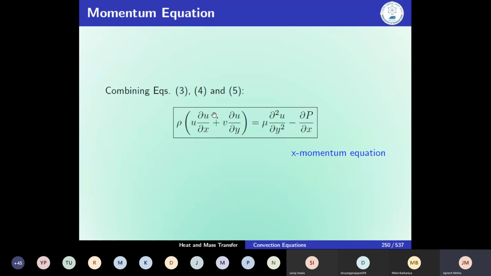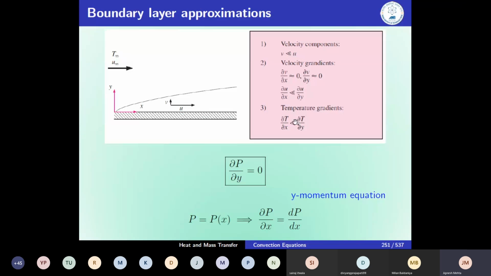So we are going to neglect all those terms, and what you get is just dp by dy equal to 0. It means that there is no change in pressure if you go in y direction, right? So you don't need to measure it at multiple points on a particular cross section, and even if you measure the pressure outside the boundary layer, inside the boundary layer the same pressure exists on a particular cross section. Okay.